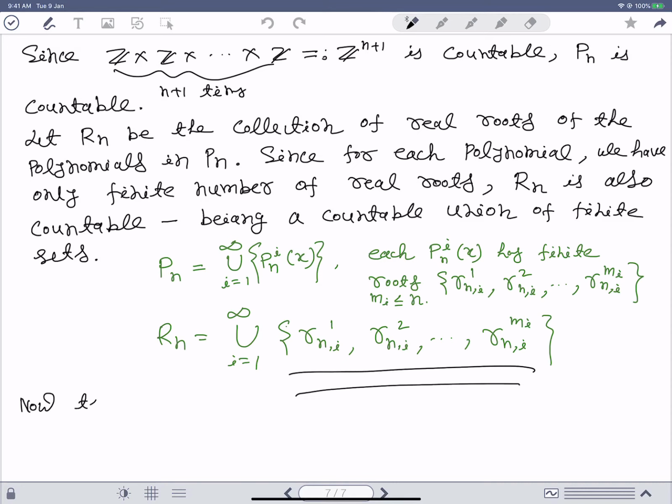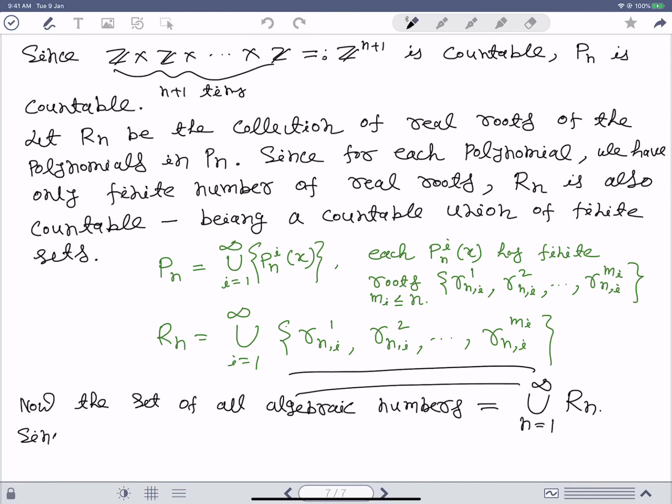Now what are all the algebraic numbers? The set of all algebraic numbers is the same as the union of n equal to 1 to infinity of Rn. We know that each Rn is countable, and it is a countable union of countable sets, so it is also countable.